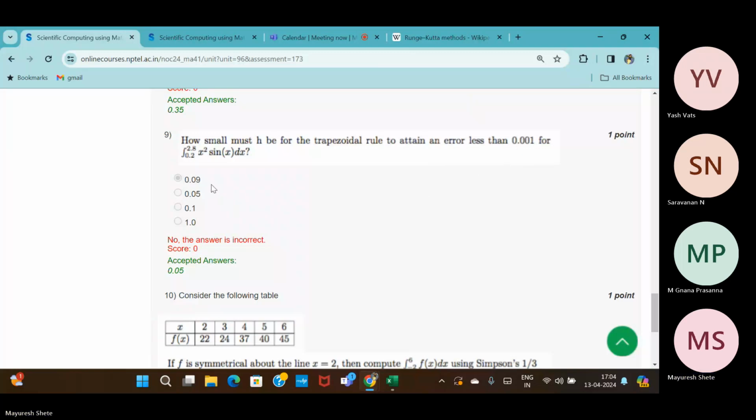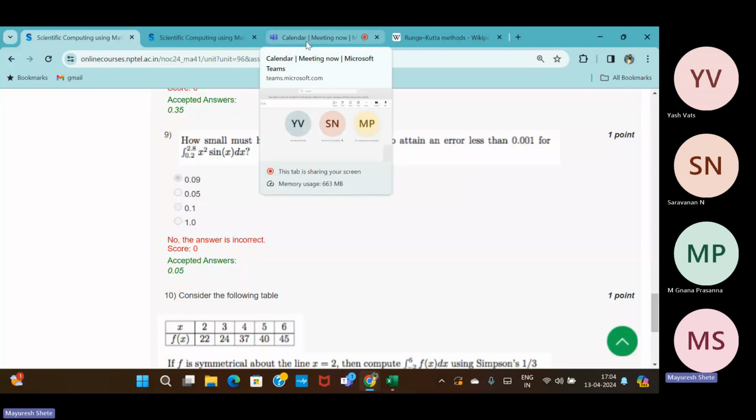But okay, I will share the solution. Maybe there is some issue with that. No, I just wanted to know the concept so that it will be useful for us. If at all there is a mistake in my concept, I may make a mistake again in the exam.